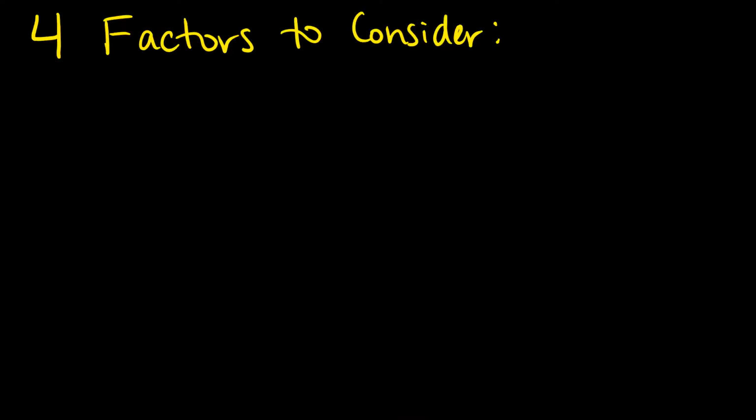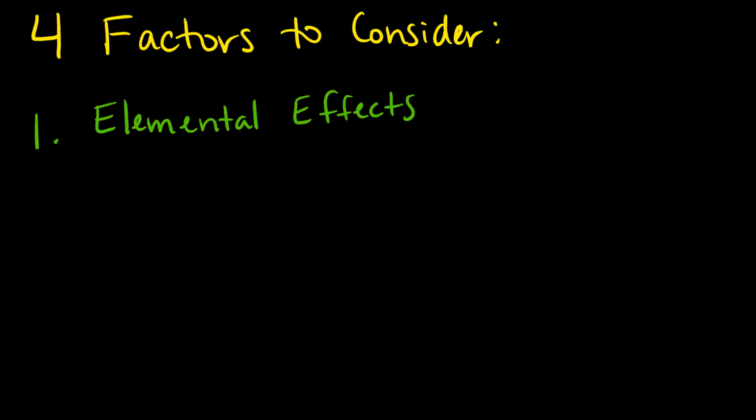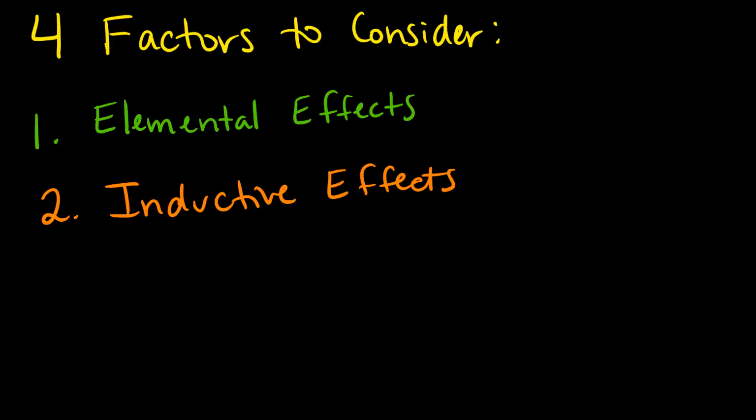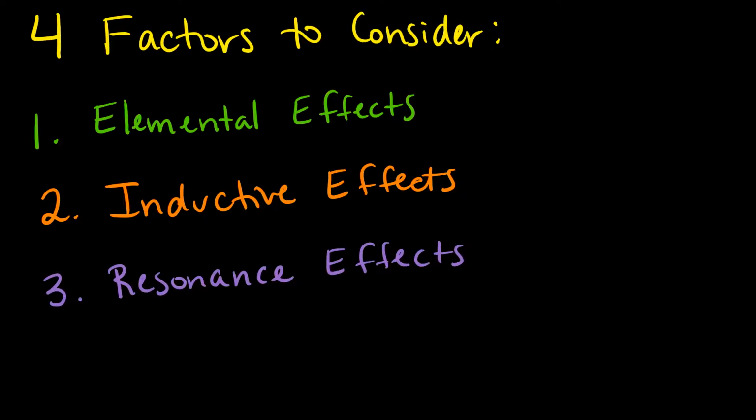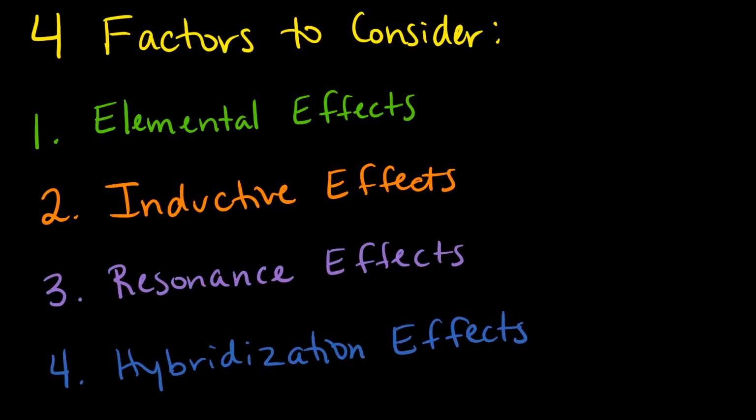Anytime that we're evaluating base strength, there are four factors that we're going to pay attention to. One is elemental effects, two, what are called inductive effects, three, resonance effects, and four, hybridization effects. And over the next few videos, we're going to take a look at each one of these effects individually and then see how to use them together to rank a set of bases according to relative strength.